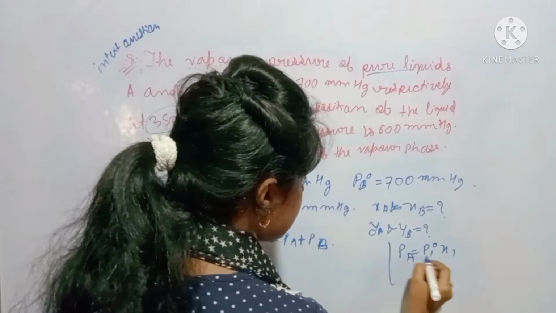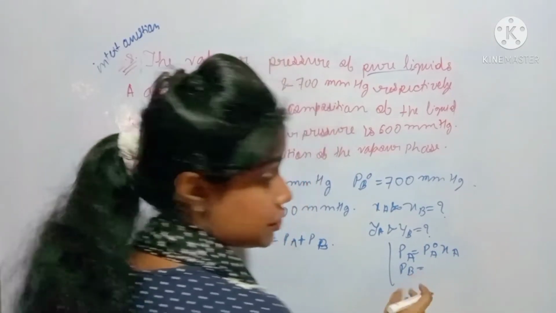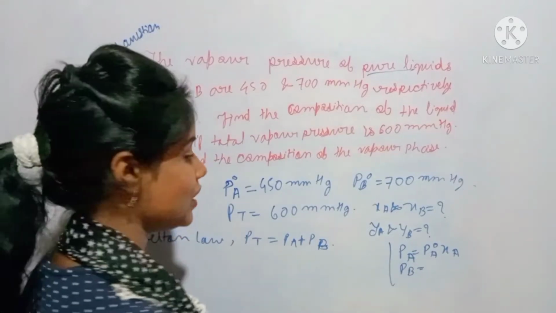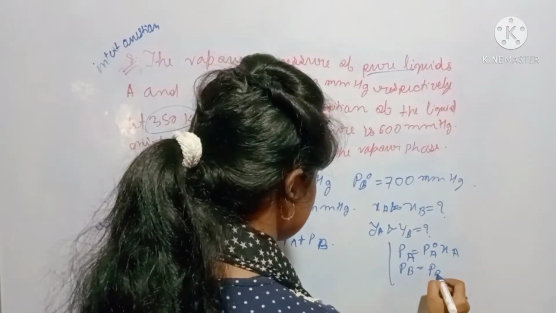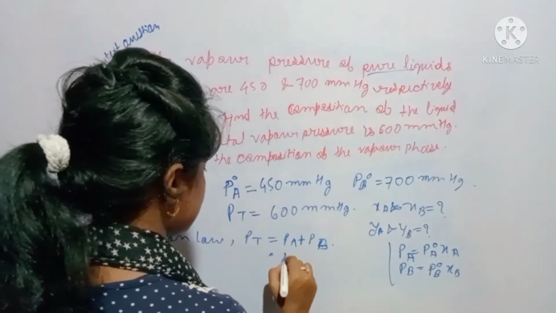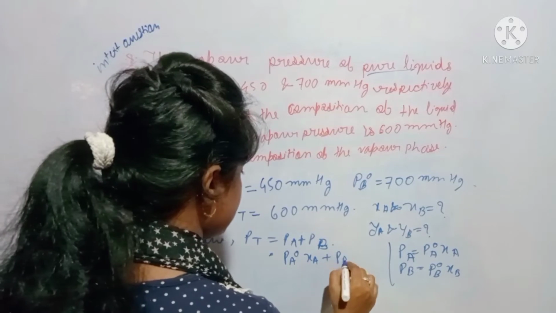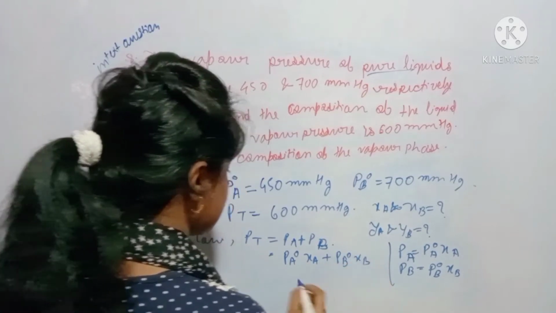PA equals PA naught XA, and PB equals PB naught XB. No issue for that. So just put the values here: PT equals PA naught XA plus PB naught XB.